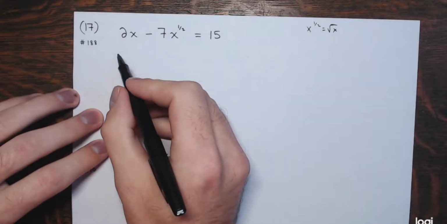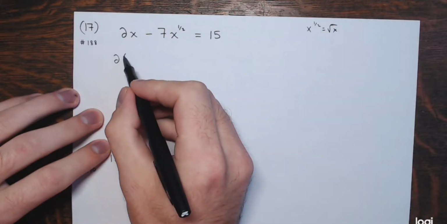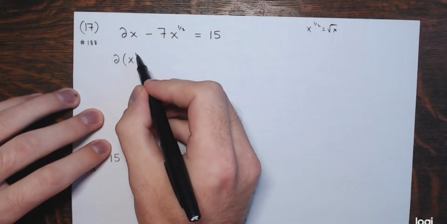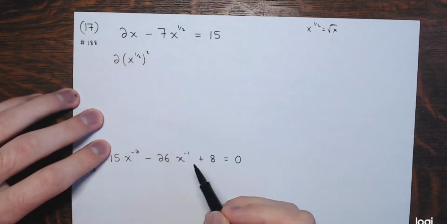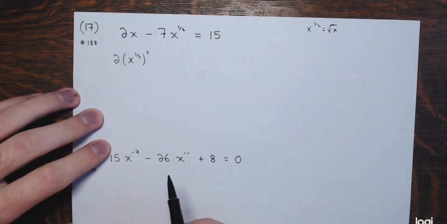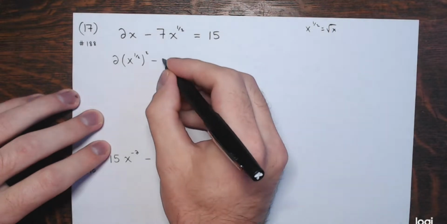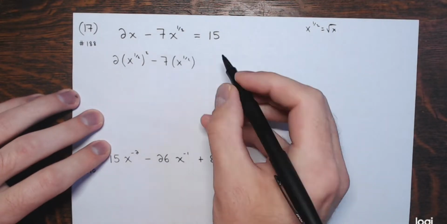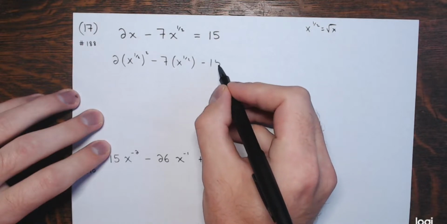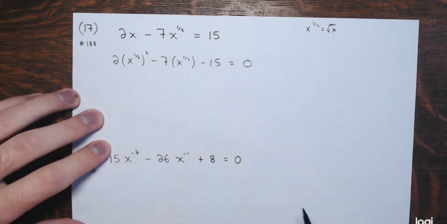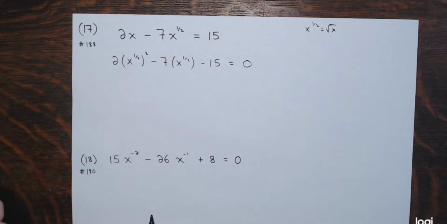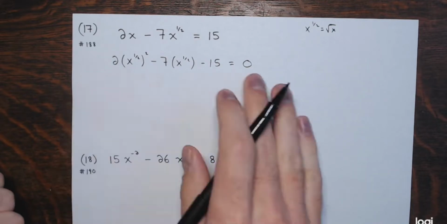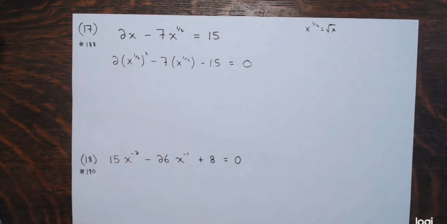We have 2 times x to the first, which is x to the half squared, or the square root of x squared, minus 7 times x to the half. Then I'll subtract the 15 and get everything on one side, 0 on the other, like I've been doing for all these problems. And you can hopefully definitely see that it's in quadratic form.